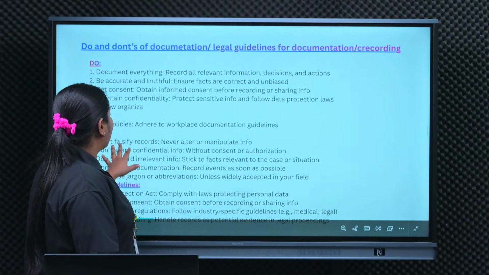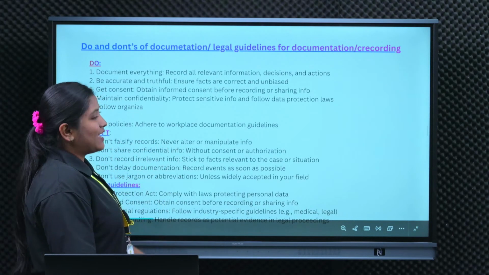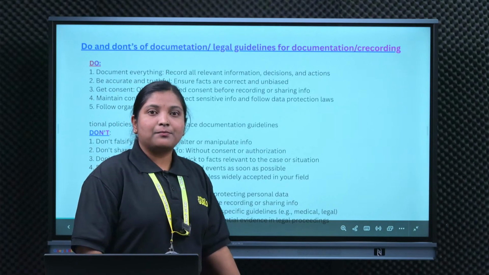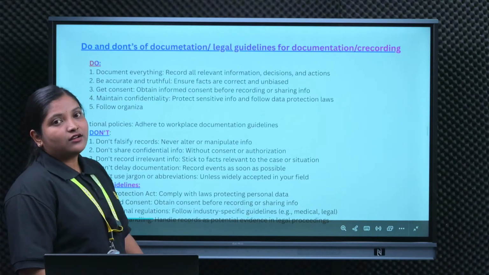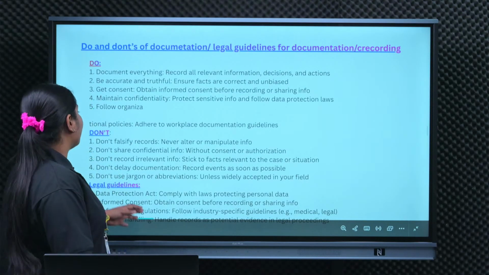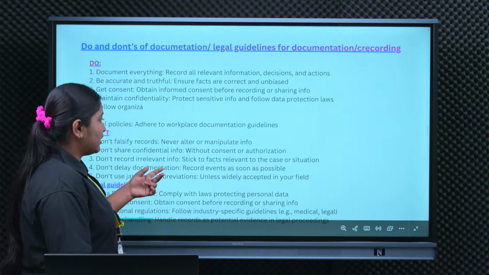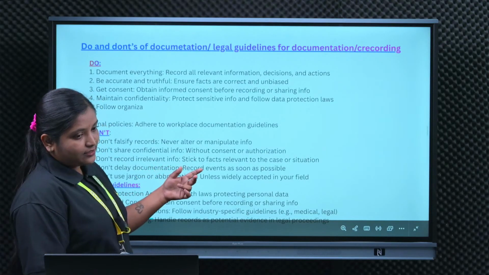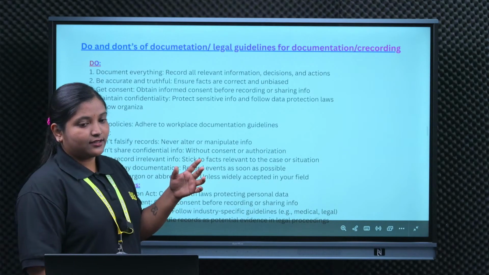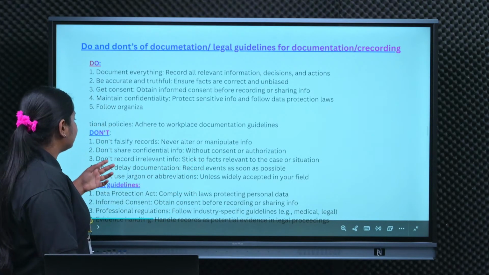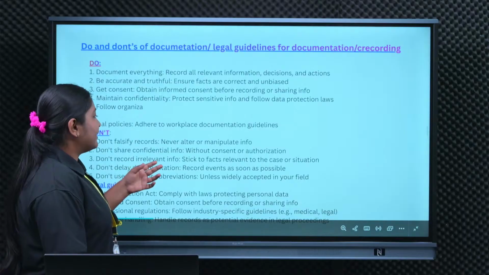Don't falsify records, which means never alter or manipulate the records, reports, data or information. Then don't share confidential info without consent or authorization. Next, don't record irrelevant info.